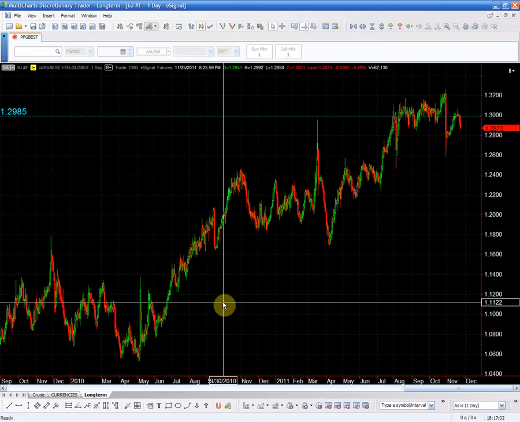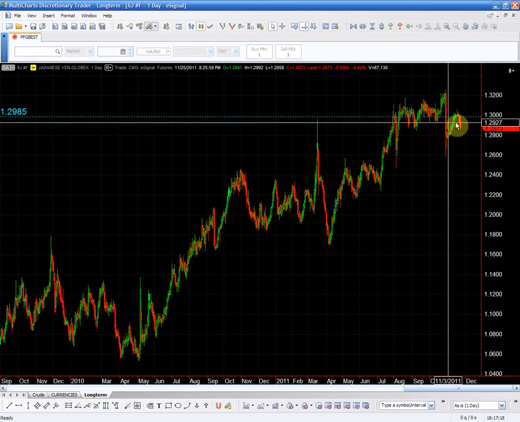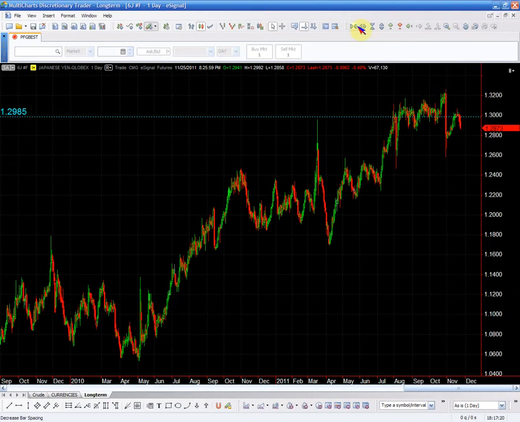The Japanese yen is really quite interesting, and I want you to take a good mental picture of this one, because we will be able to gauge based upon this picture how weak some other currencies are. So take a good look at this one here.